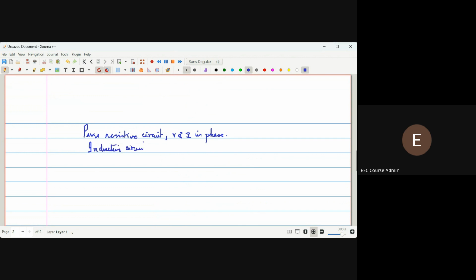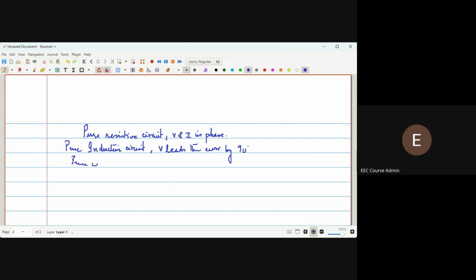In an inductive circuit, what is the relationship? Voltage leads current, ma'am. In a pure inductive circuit, voltage leads the current by 90 degree.